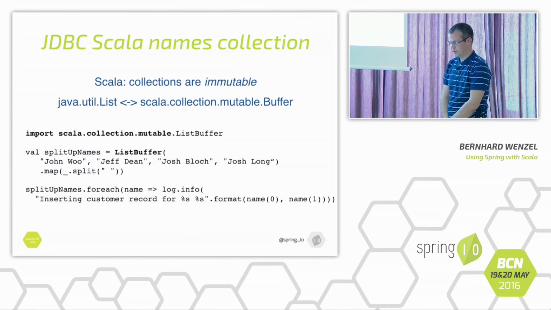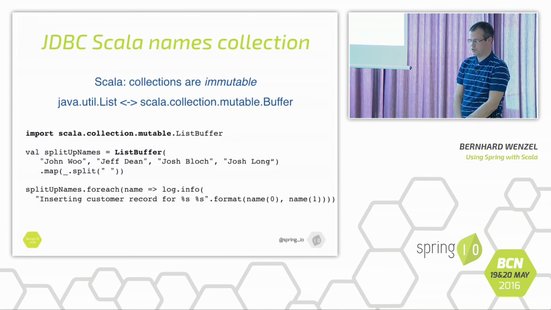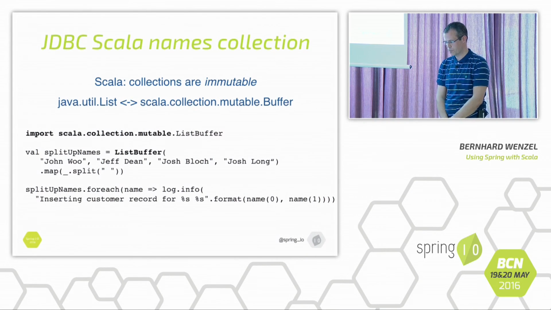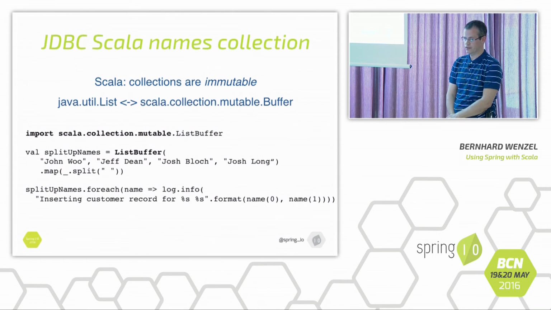So we know that, for example, the equivalent of a Java list is a Scala buffer. So we do this in the first step. We have a list buffer in this case. And we split up the names to get the collection, and in Scala it's easier to do. We just do a map and pass our split function to it, so there's no need to collect anything. And then we print out the type, the result, the collection.